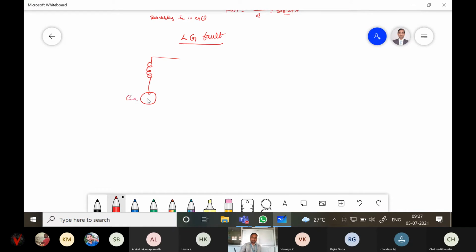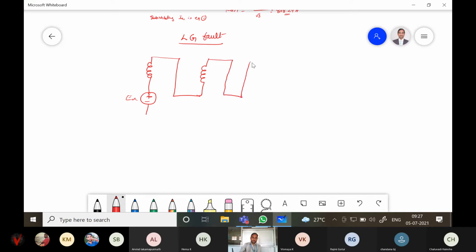This is EA, with the positive sequence network, negative sequence network and zero sequence network.